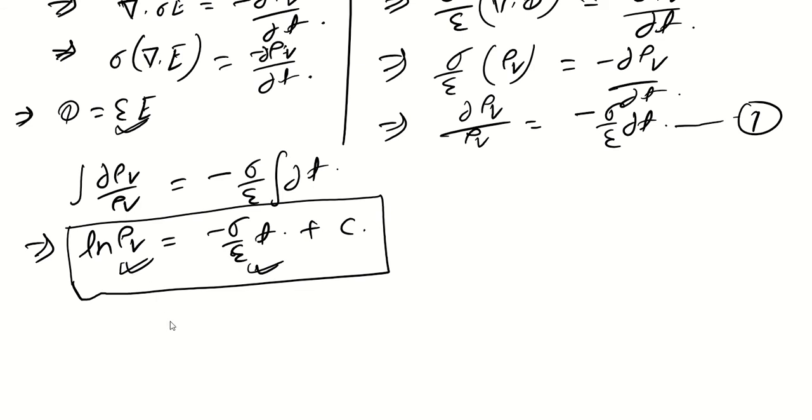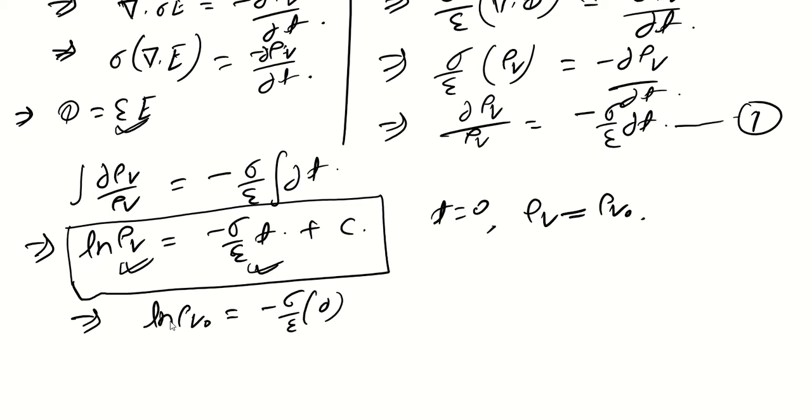We can tell that at t equal to 0, rho v will be rho v naught. From this, ln rho v naught will be equal to minus sigma by epsilon into 0, because we are considering t as 0. So from here we get c is equal to ln rho v naught.